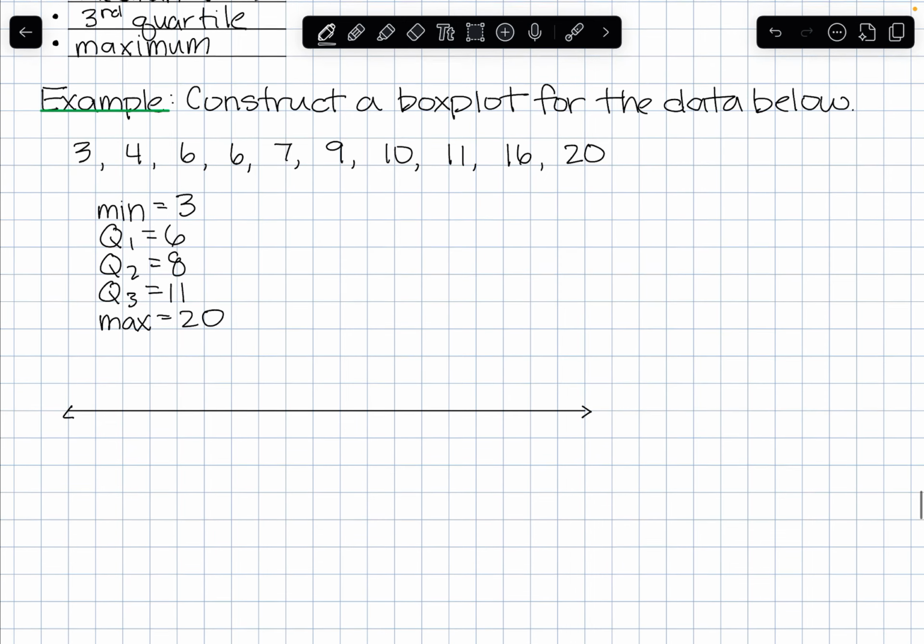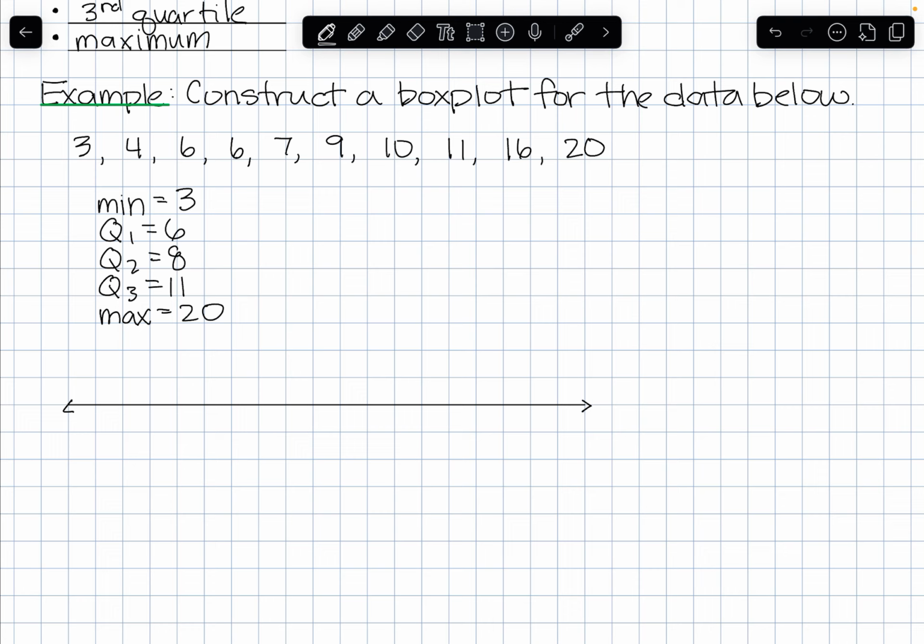Yay! And I'm going to put my scale on here. So 3, 4, 5, 6, 7, 8, 9, 10, 11, 12, 13, 14, 15, 16, 17, 18, 19, 20. Yay, I can count. I'm going to go ahead and label those.